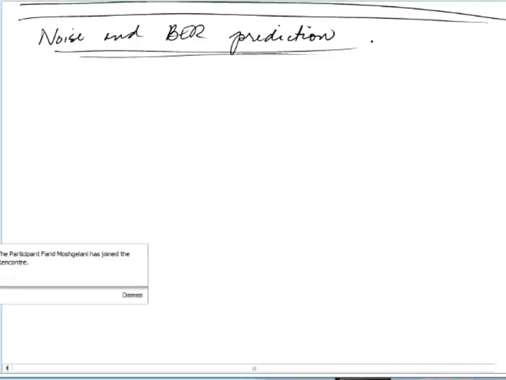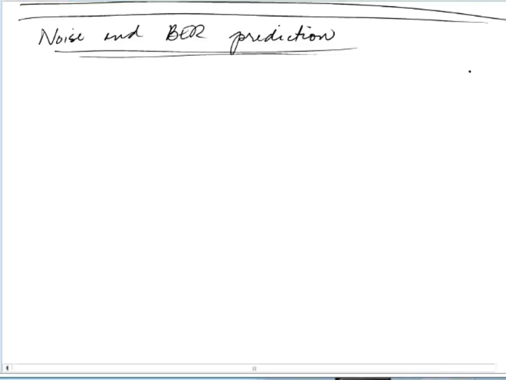And of course, I said that the noise source that we're going to be using is additive white Gaussian noise, which is going to make our BER calculation feasible, the theory for this being relatively straightforward to apply.